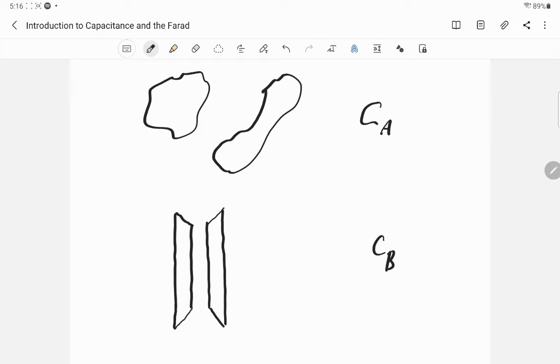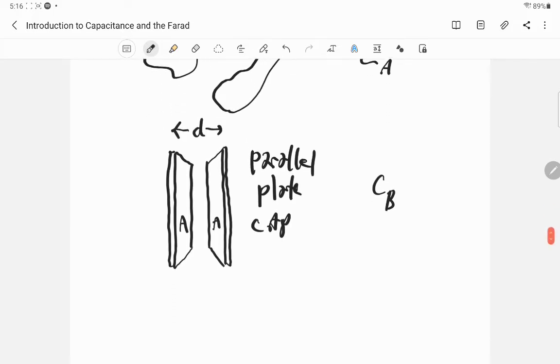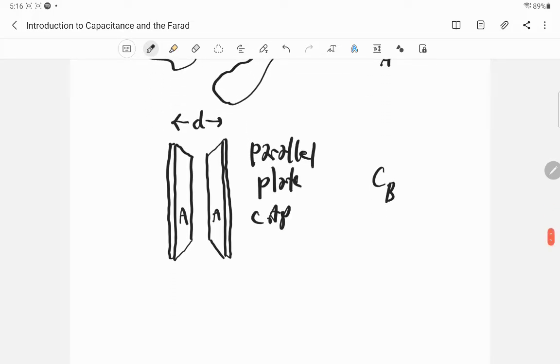So these are both pieces of metal with some thickness, but we imagine them to be quite thin. And these 2 pieces of metal have a certain distance of separation between them, and each of them has an area A. And this arrangement of these 2 pieces of metal is called a parallel plate capacitor, or parallel plate cap. The cool kids say cap for capacitor.